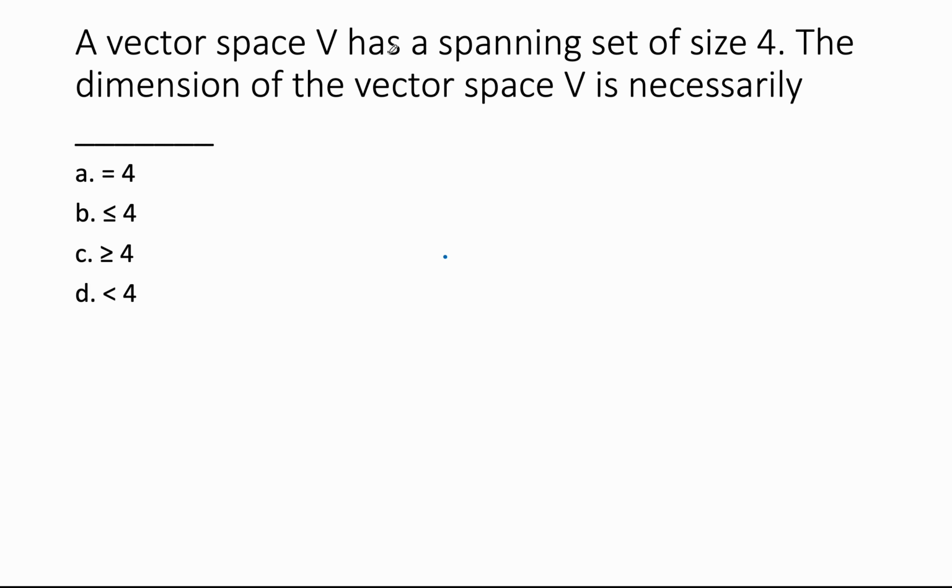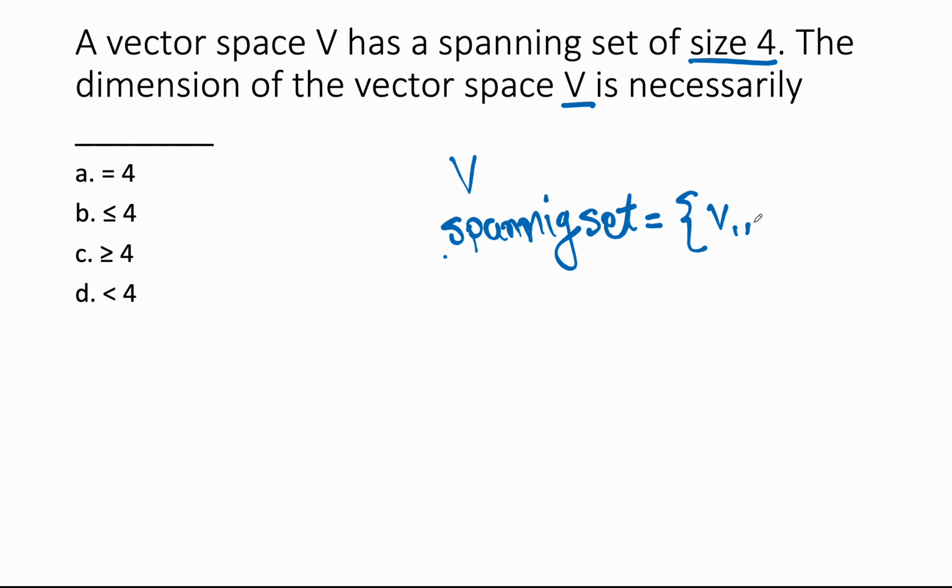Vector space V has a spanning set of size 4. The dimension of the vector space V is necessarily dash dimensional. Okay, so there is a vector space, and the spanning set is nothing but the vectors that span the space.